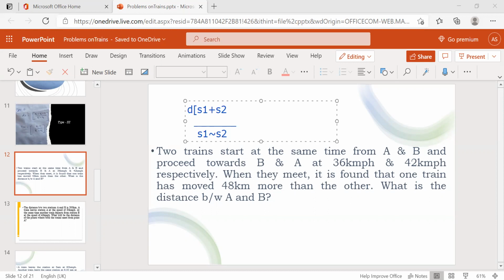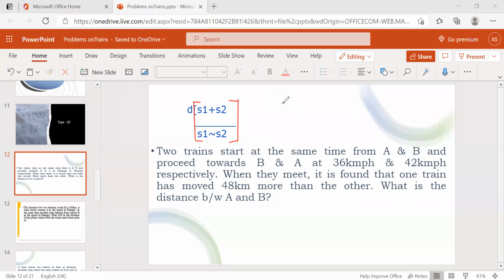Okay, this is for both. The d is the difference of this one. Okay, now we know the speeds, right?